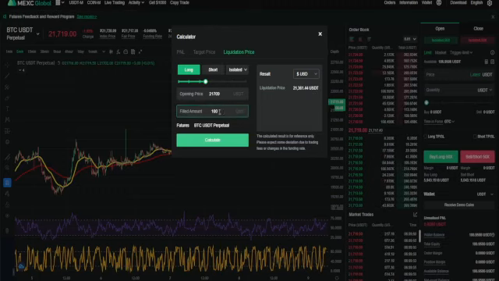So that's going to give you some sort of reference ahead of time as to where your liquidation price is, and that's something that you always want to know.